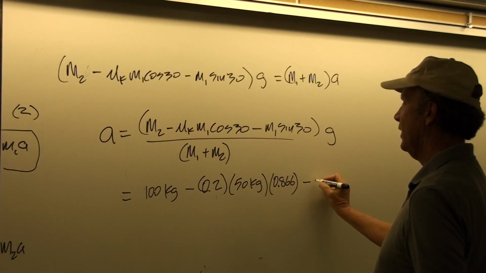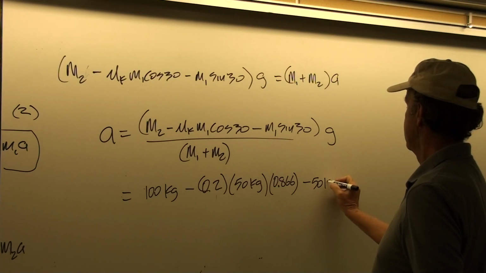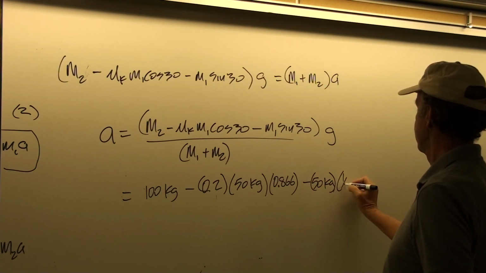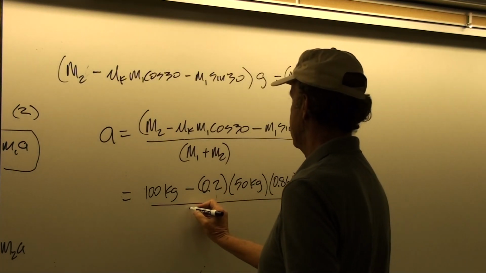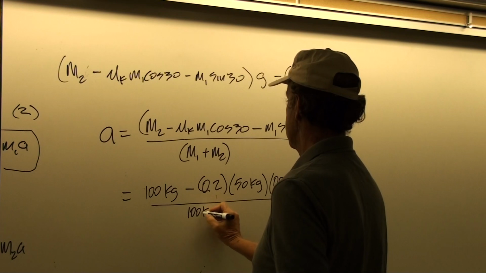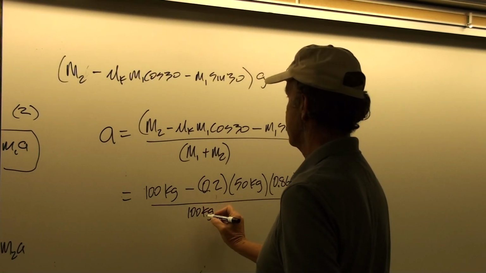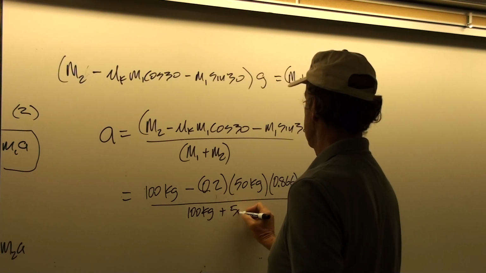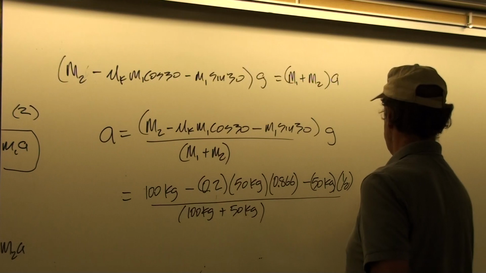And minus m1, which is 50 kilograms, times the sine of 30 is 1/2, and that's divided by 100 kilograms plus 50 kilograms. It's all times g.